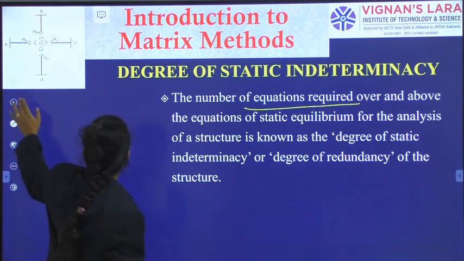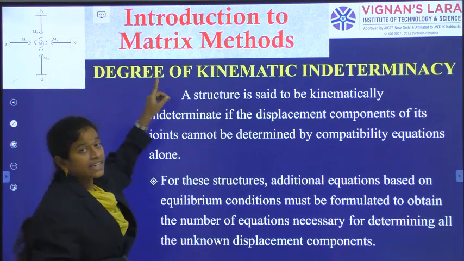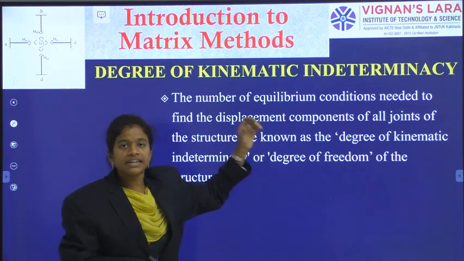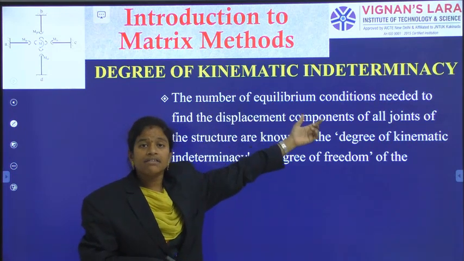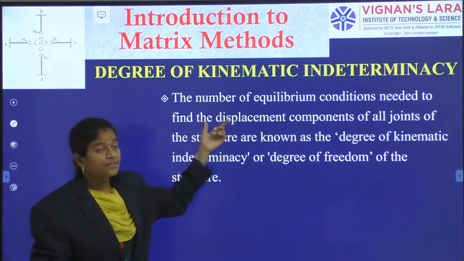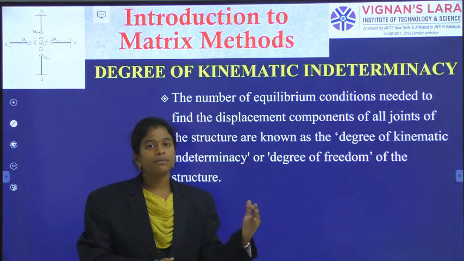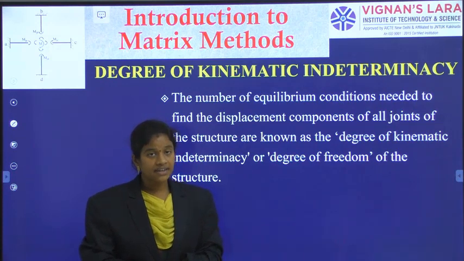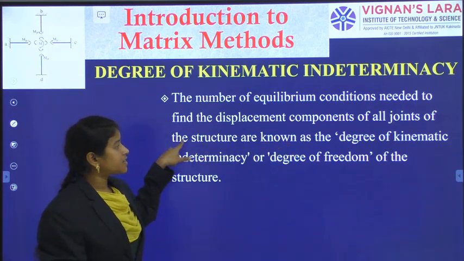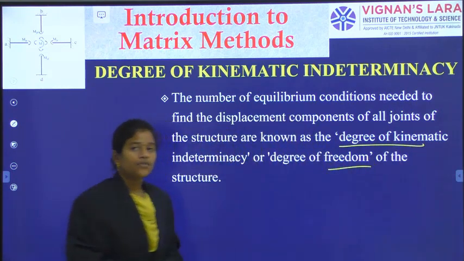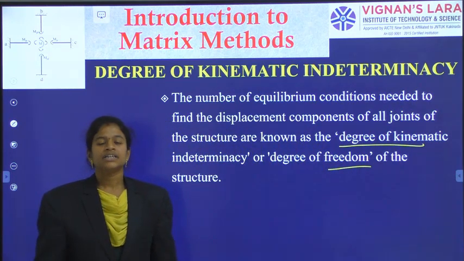The next definition is the degree of kinematic indeterminacy. A structure is kinematically indeterminate when equilibrium conditions are needed for finding the displacements of the joints. The number of equilibrium conditions required for finding the displacements of the joints of the structure is called the degree of kinematic indeterminacy.